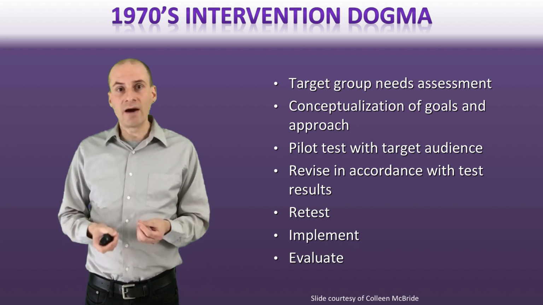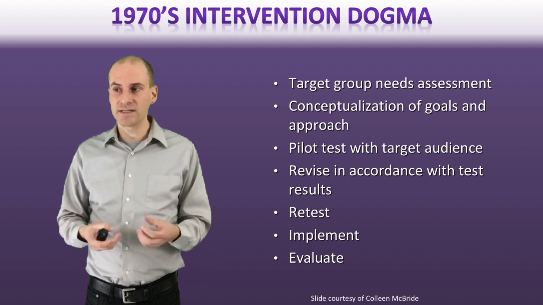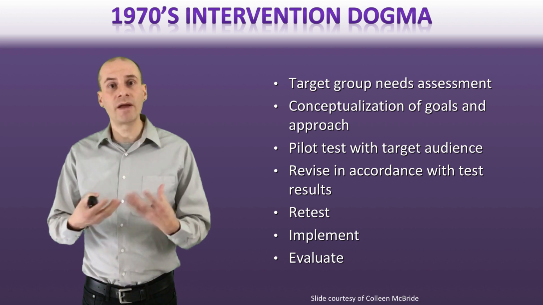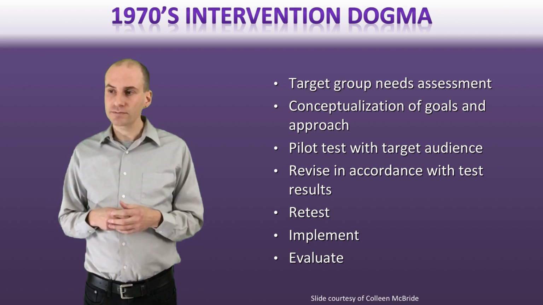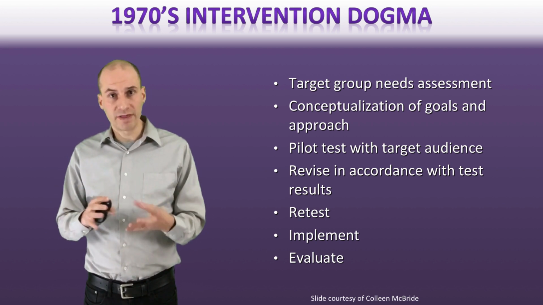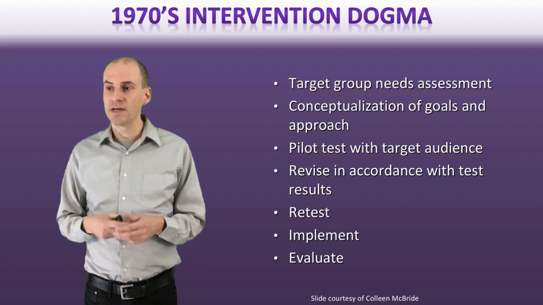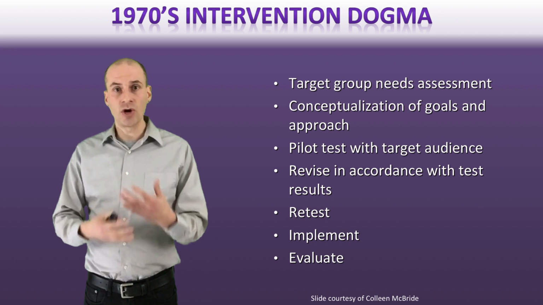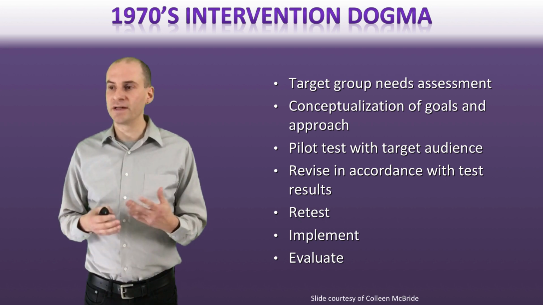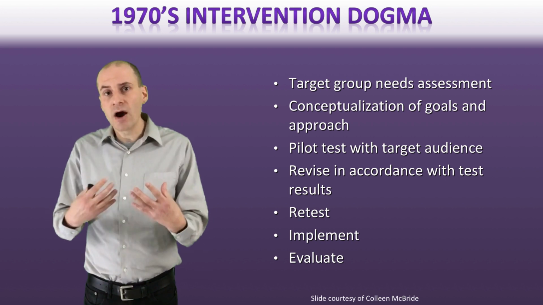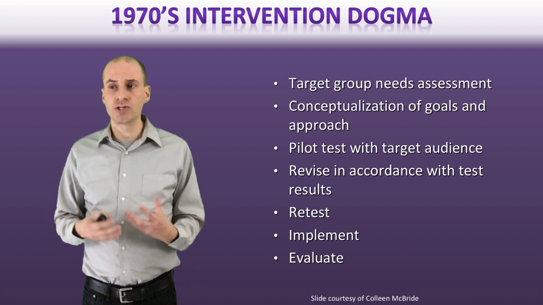Then you try it out with a few people, pilot test it. Pilot testing means to do an initial run to try and see whether or not it works. You then fiddle around with it a little bit to see how you can improve it based upon that initial experience. Test it again, and then go and do it out in the real world. And then you evaluate whether or not it worked. So that's how public health interventions used to be done.